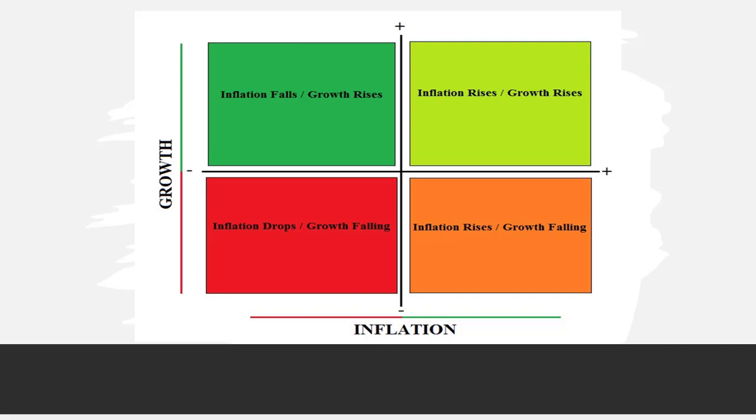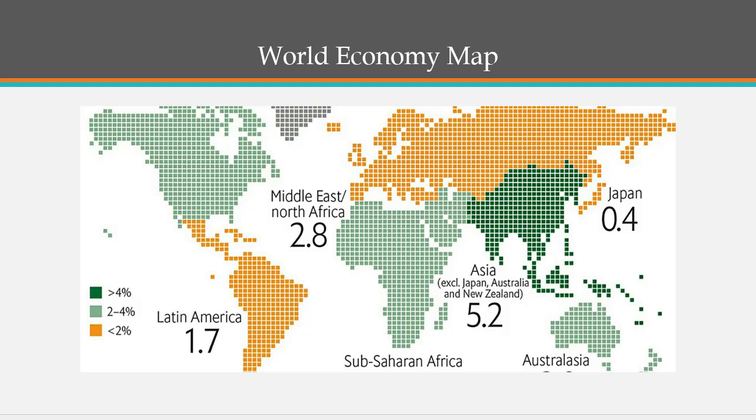Where is inflation dropping? Where is inflation rising? Allow me to go back again to the previous chart. Imagine you have a world map in front of you. What is happening with inflation? What is happening with growth? Do we have growth in the United States? More growth than Europe? Where is the area with the highest inflation?